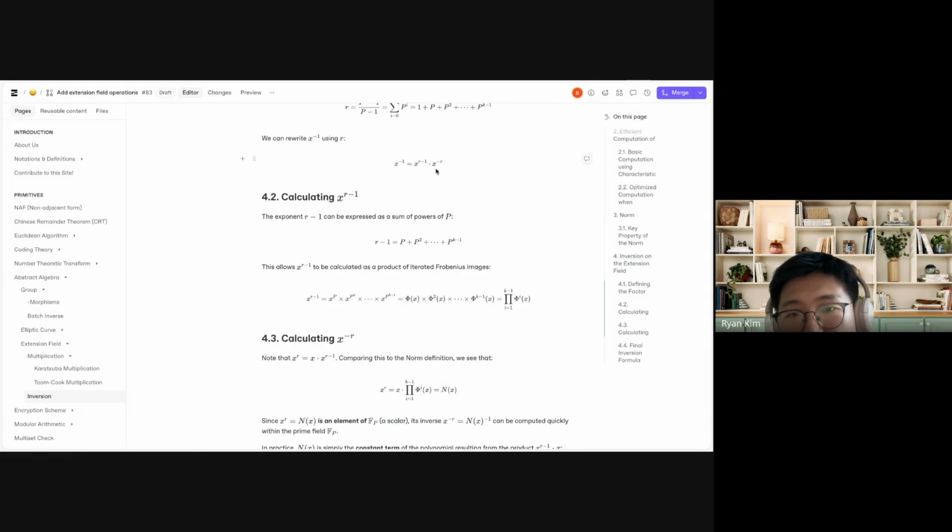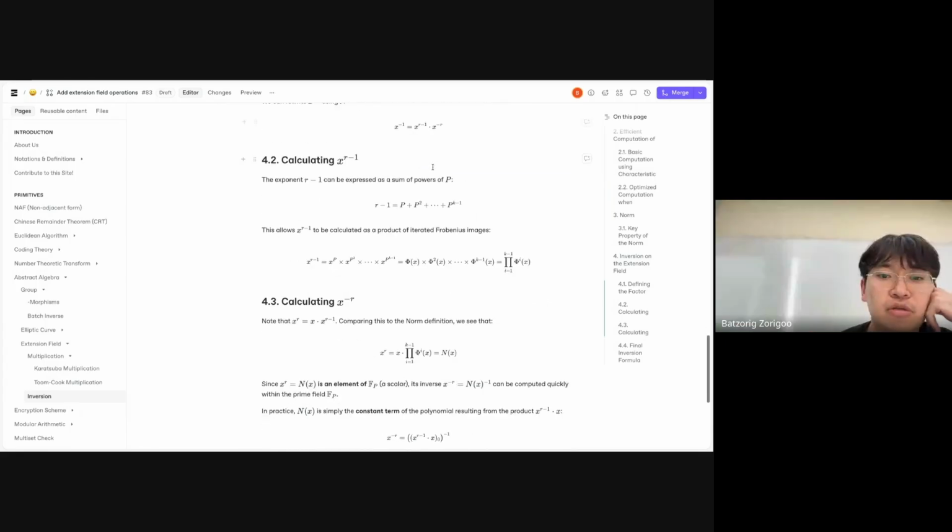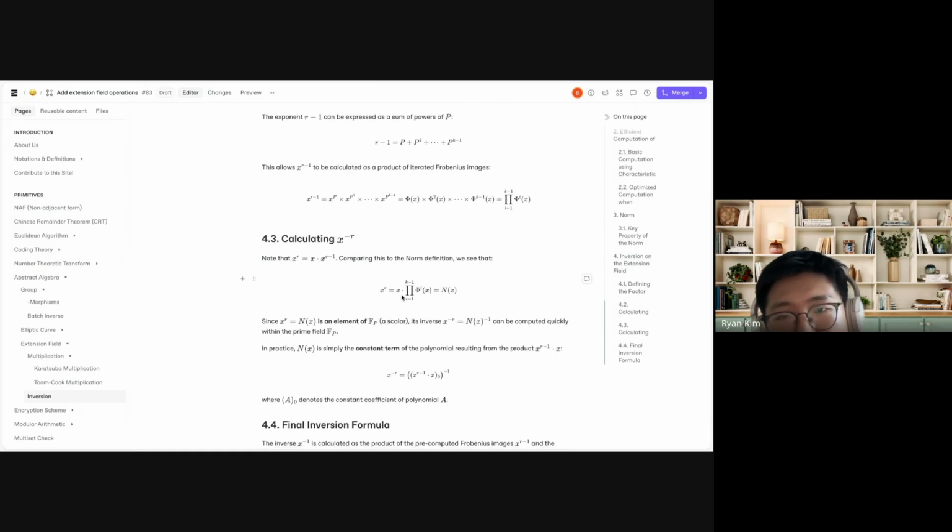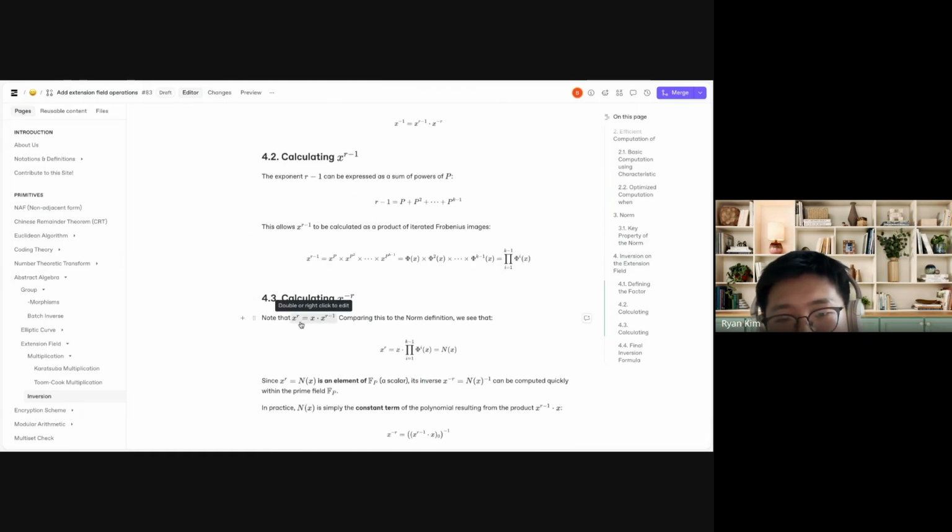And we need to compute the inverse of this x to the R. Typically, the inverse operation is very expensive, and if it is in the extension field it could be expensive, but we know that this will become a prime field element. So we only compute the inverse of this prime field element, which means we only need the constant term of this polynomial.